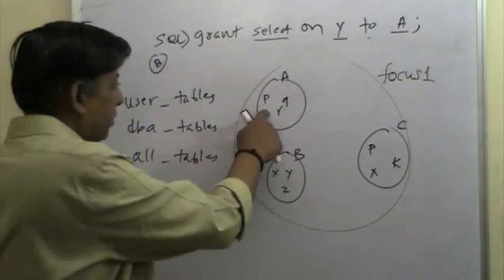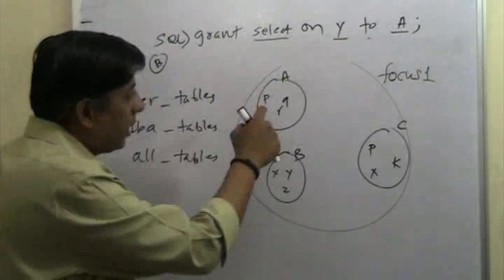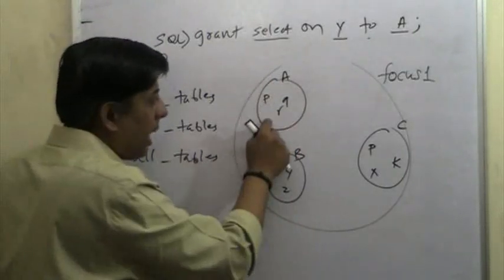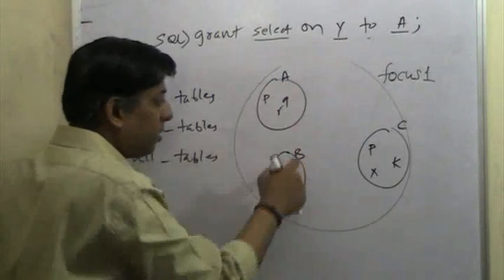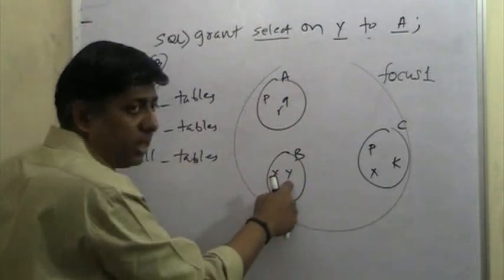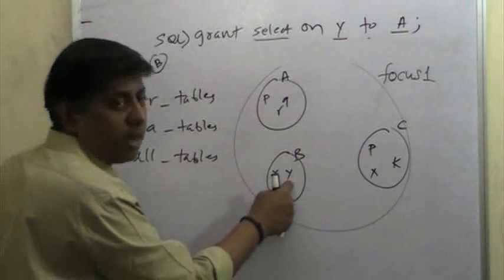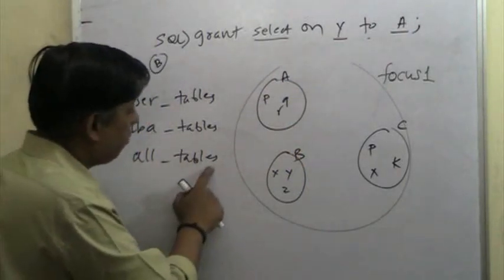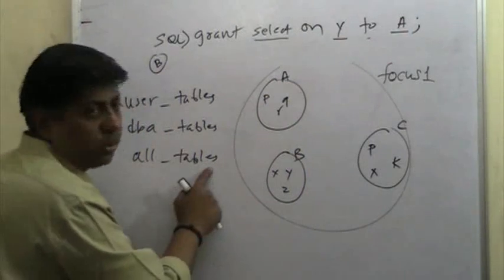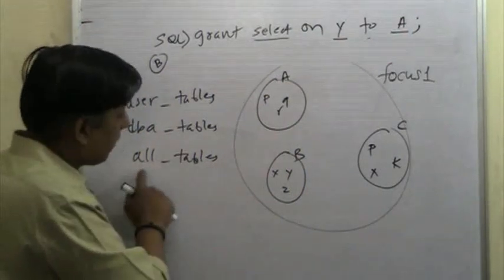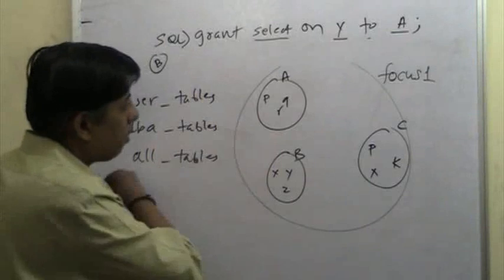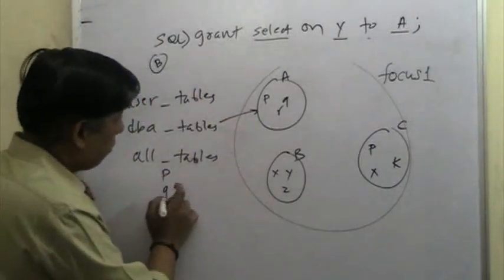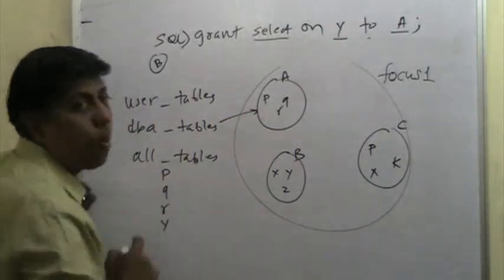So the list of tables that you yourself have created, and on top of that, the list of tables that you have been given access to which are not owned by you. So if I say select count star from all underscore tables, and I am logged in as user A, I will get one row for P, one row for Q, one row for R, and one row for Y.